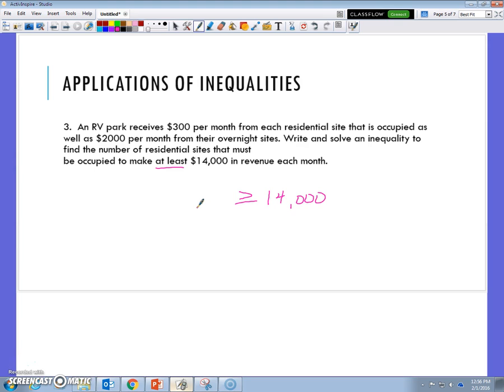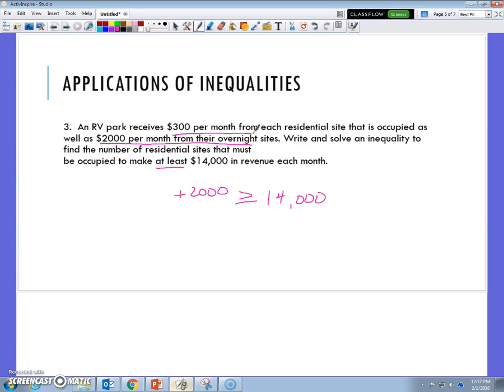Okay, let's see here. This one's really tricky. This is my flat rate, my constant, 2,000. That's never going to change. They make $2,000 for their overnight sites, just for having the sites. They get another $300 per month from each one that's occupied.